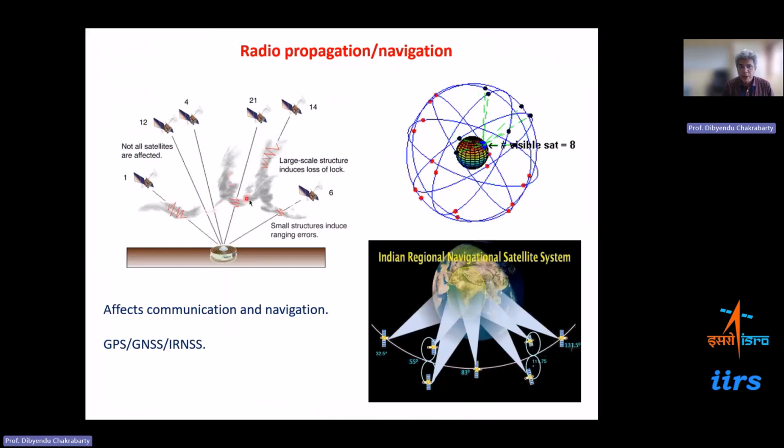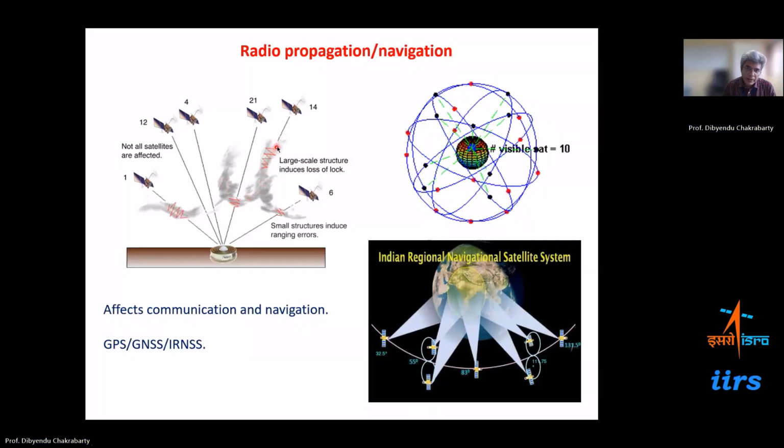You also have radio propagation and navigation that are affected when space weather events occur. Radio beams come from satellites at different heights, some at geostationary height, for example the Indian Regional Navigation Satellite System, or NavIC, which is at geostationary and geosynchronous orbit. This satellite sends radio beams which come through the ionosphere, and the ionosphere's plasma can become turbulent on occasions.